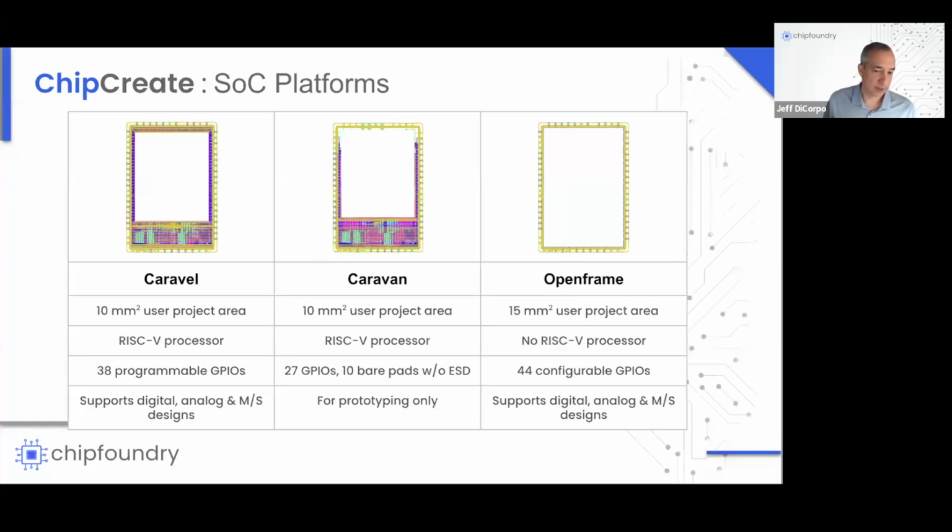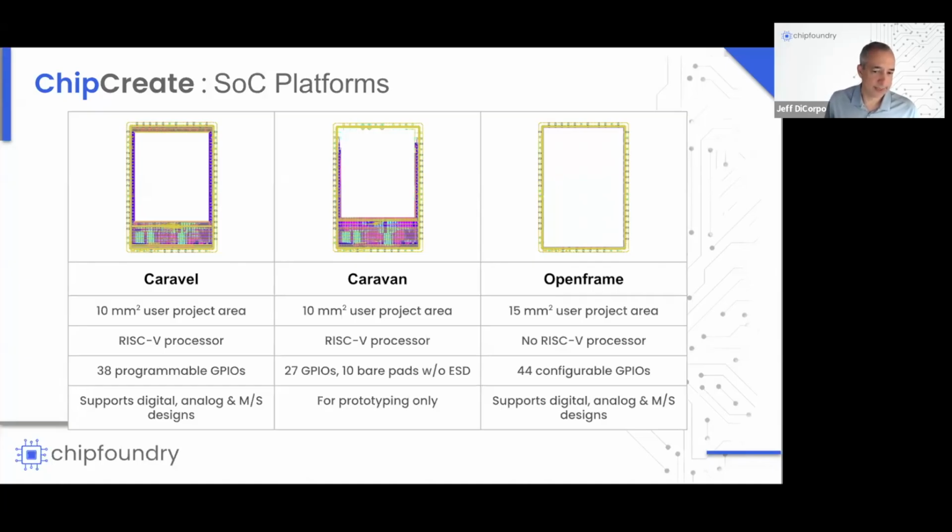It also extends a Wishbone bus and logic analyzer probes into the user area for integrating with your design. It allows you to drive or probe signals for elements that you implement in the user area. Caravel is the standard template and supports digital, analog, and mixed signal designs.